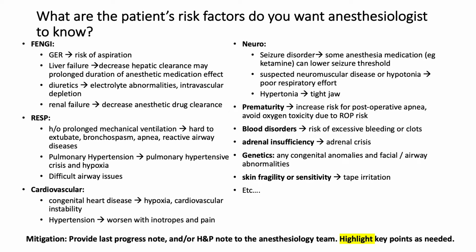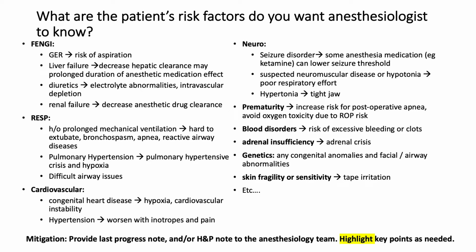Does the patient have any congenital anomalies or facial or airway abnormalities? Skin fragility or sensitivity can cause skin breakdown from tape irritation, or any other major medical problems that you want the team to be aware of.